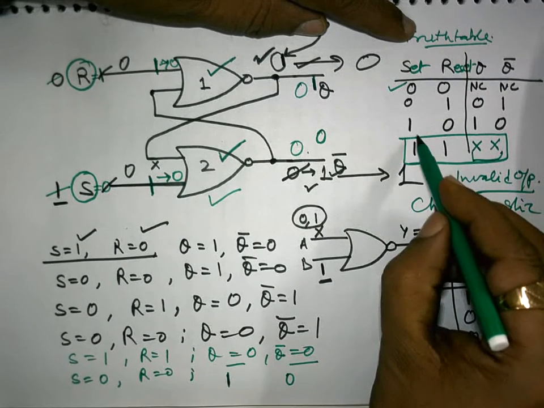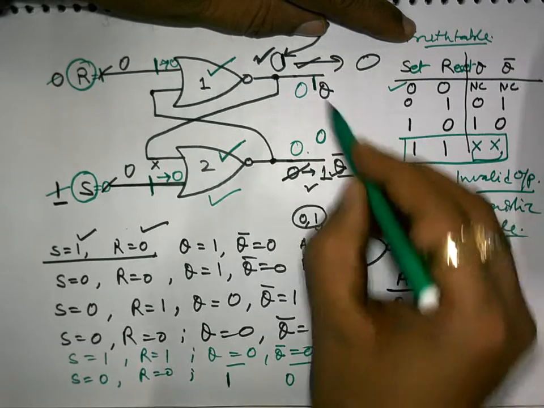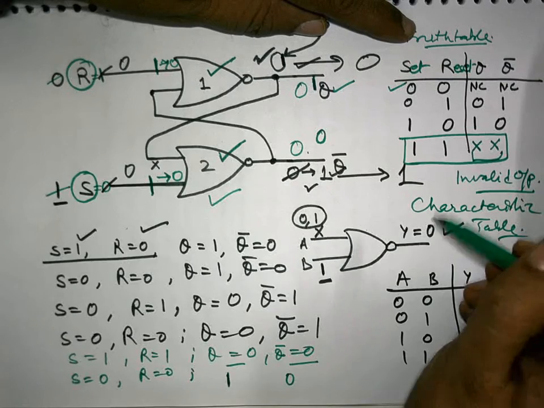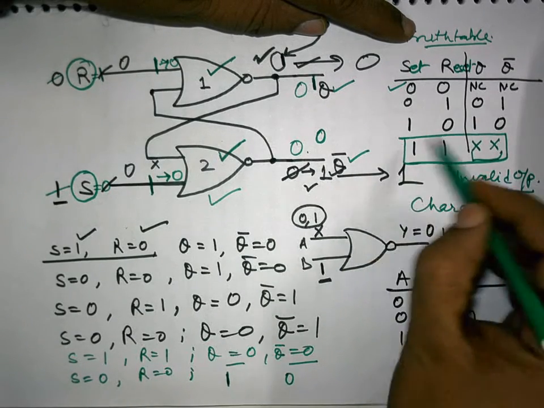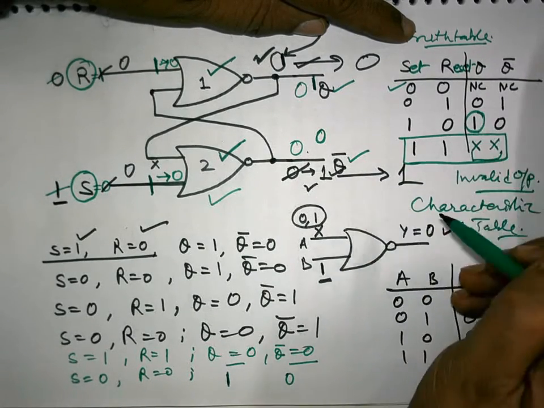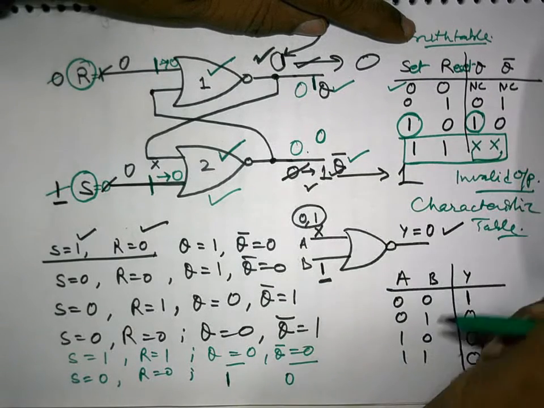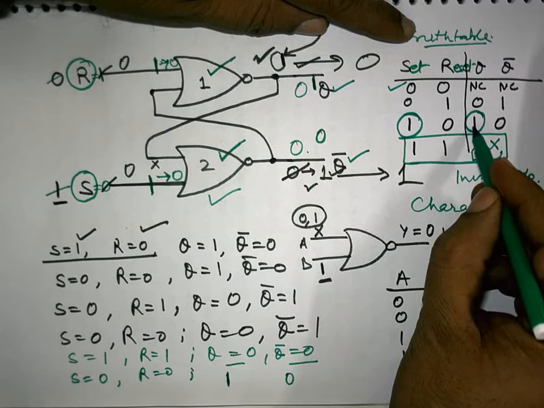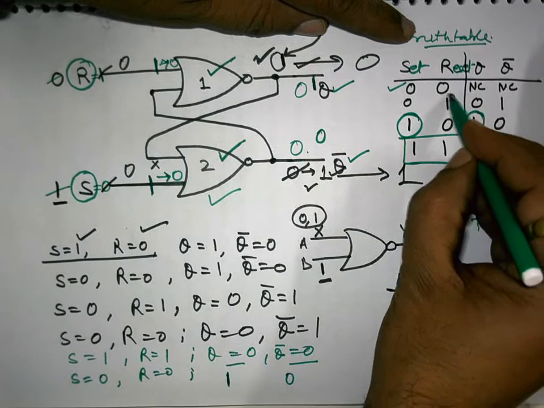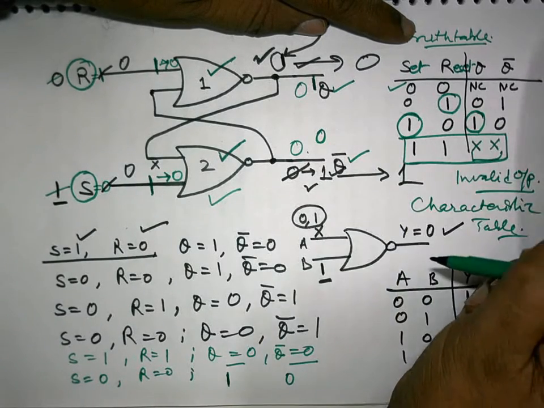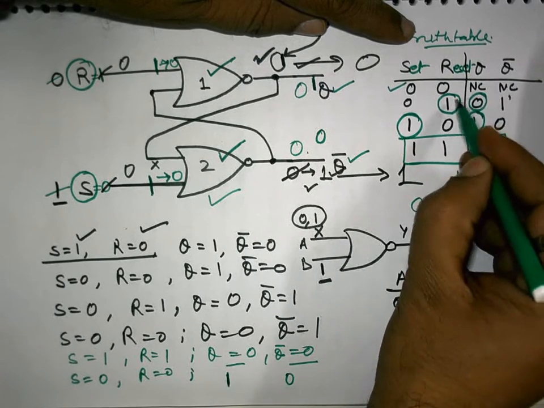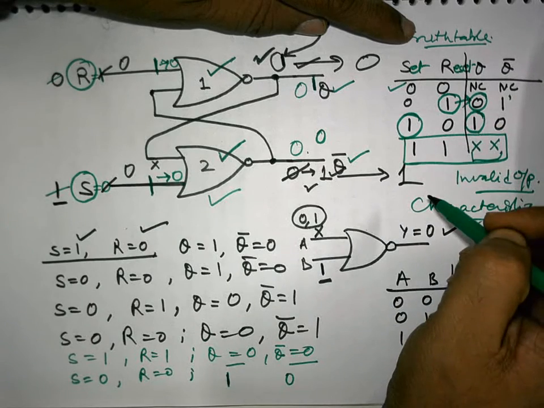When I am asking this memory or this latch to set itself, to set its original output, and this is the complemented output, I have to apply 1 at the set input. When I am asking this circuit to reset, I am applying 1 at the reset input.